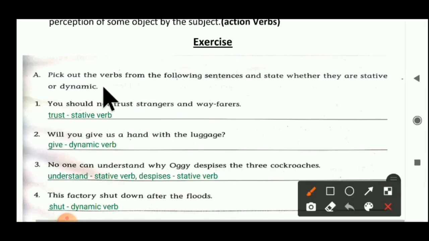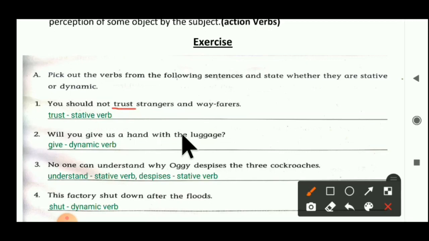See, you should not trust strangers and wayfarers. Here, which is the verb? We have to find it. Here, "you" is the subject, "should" is a helping verb, and "trust" is the main verb.